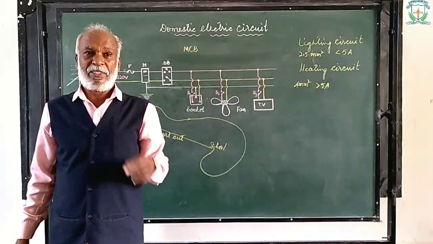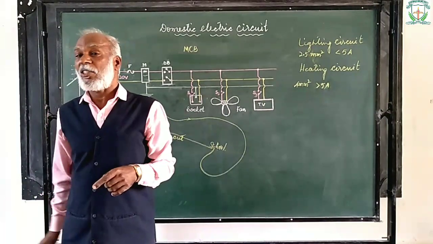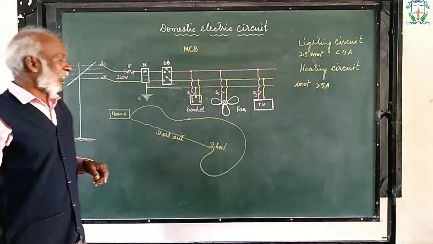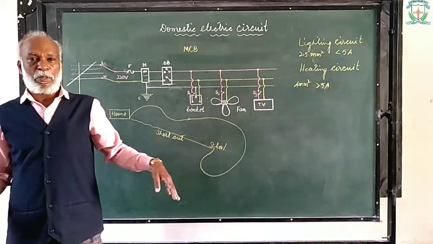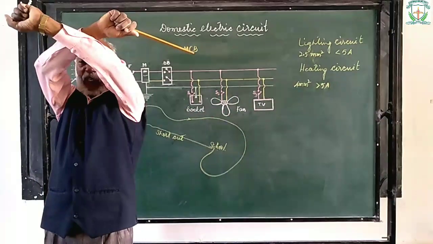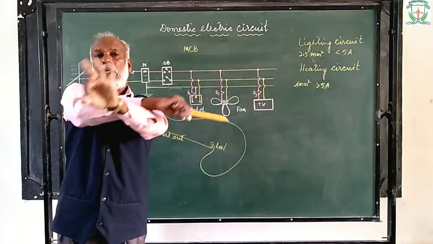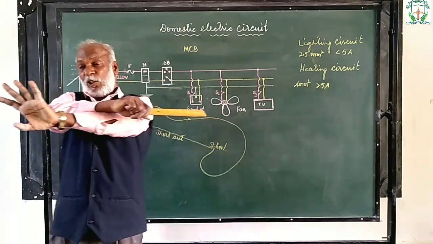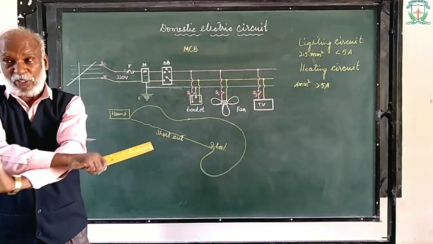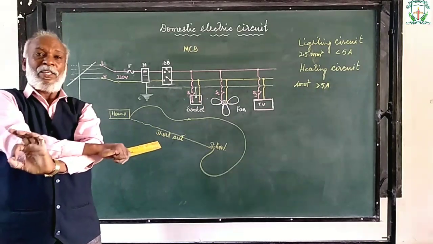Overloading. It is called short circuit. So what is a short circuit? If the phase and neutral wire come in contact, it forms a least resistance short path for the current. That is a short circuit.